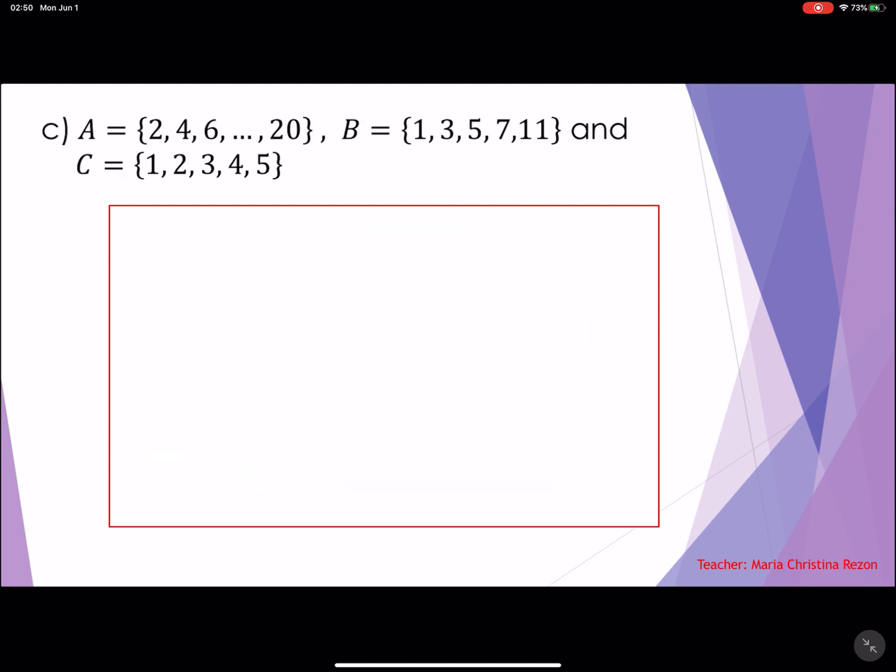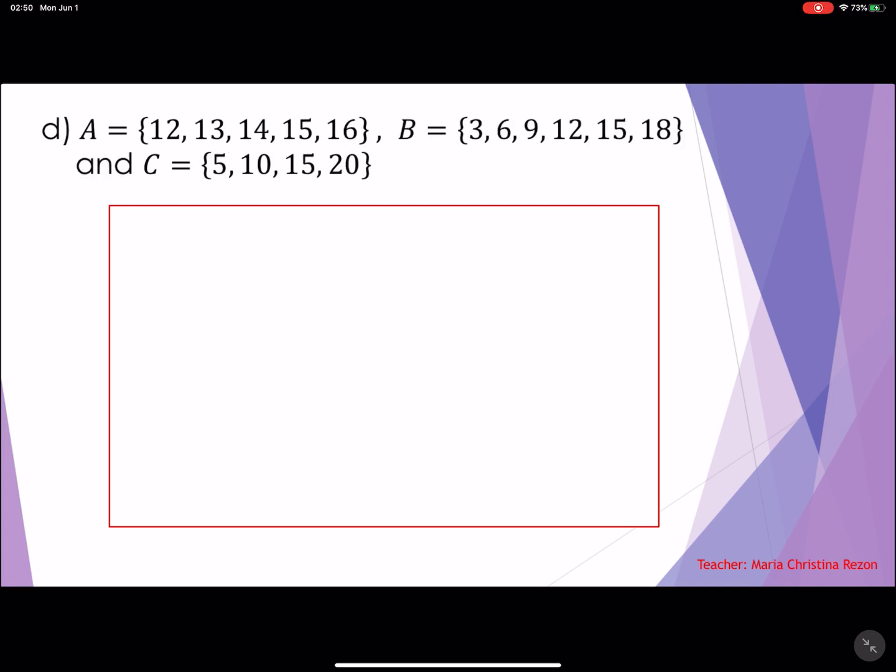Then let's have this. Try to draw this in your notebook, and I will check that by the time you come back to school. This and this example here. Your A is 12, 13, 14, 15, 16.